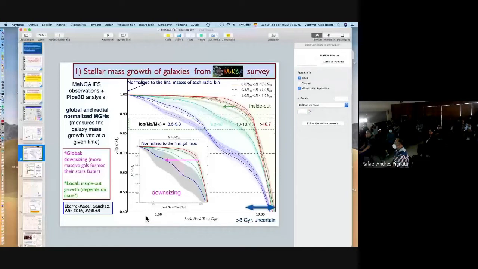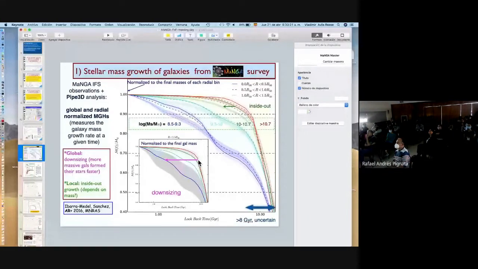For example, the most massive galaxies are the red ones, and the less massive galaxies are the blue ones. So you can see here the clear downsizing trend. The more massive galaxies assemble their stars earlier than the less massive galaxies.